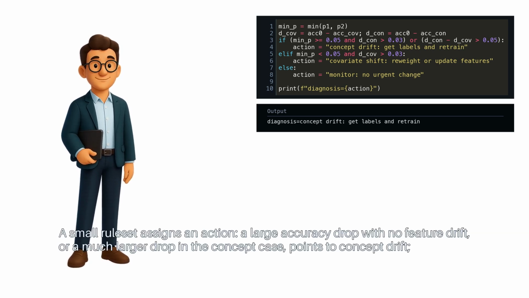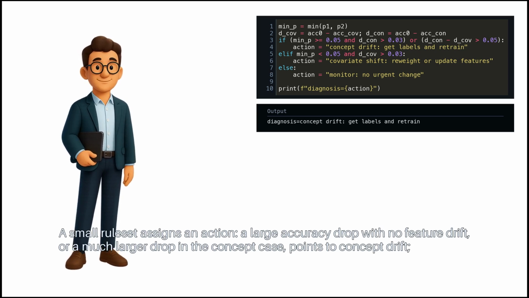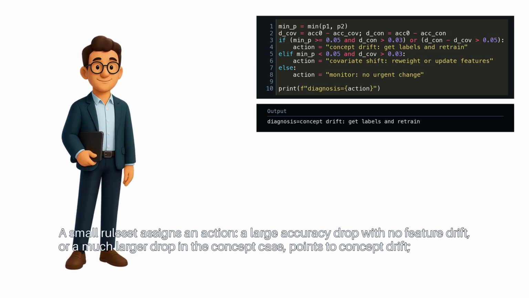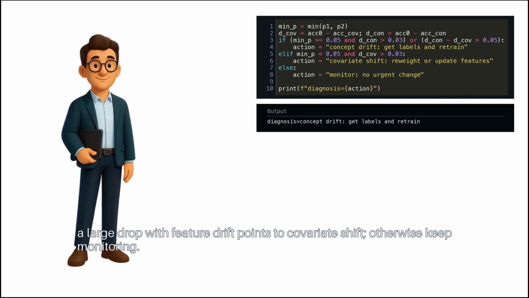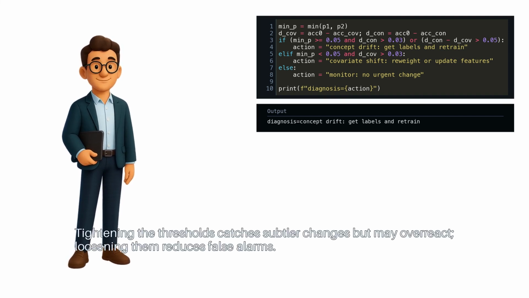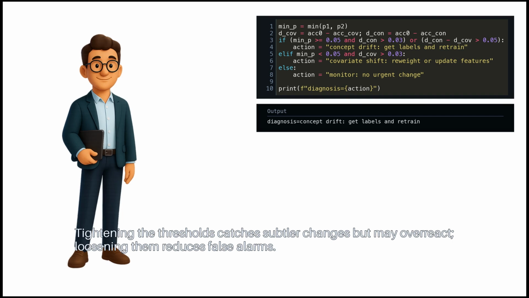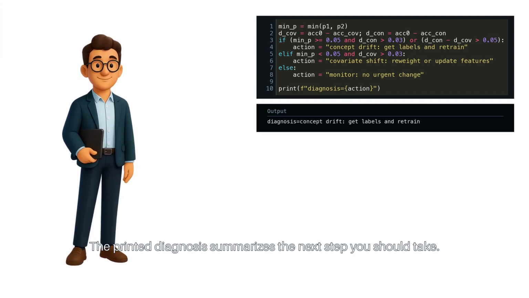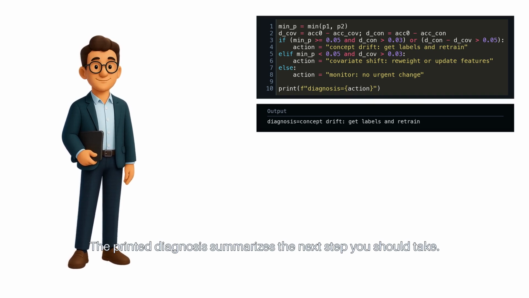A small rule set assigns an action. A large accuracy drop with no feature drift, or a much larger drop in the concept case, points to concept drift. A large drop with feature drift points to covariate shift. Otherwise, keep monitoring. Tightening the thresholds catches subtler changes, but may overreact. Loosening them reduces false alarms. The printed diagnosis summarizes the next step you should take.